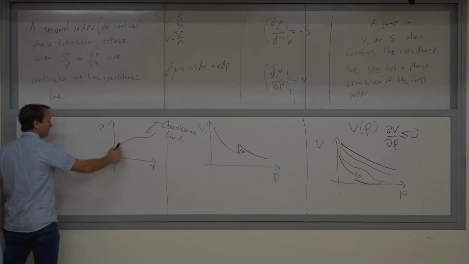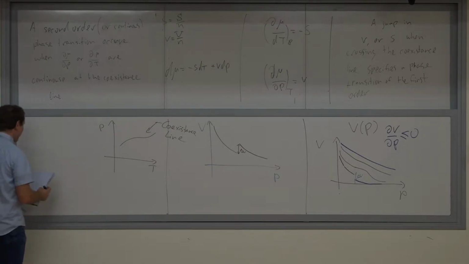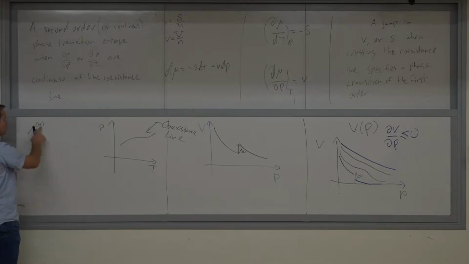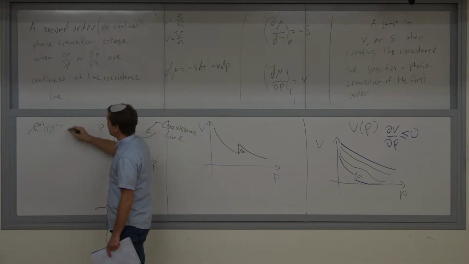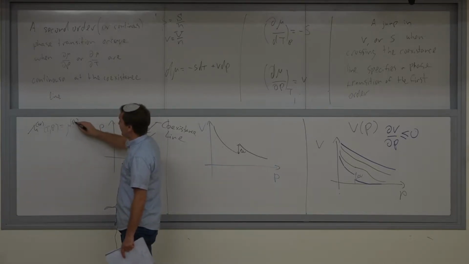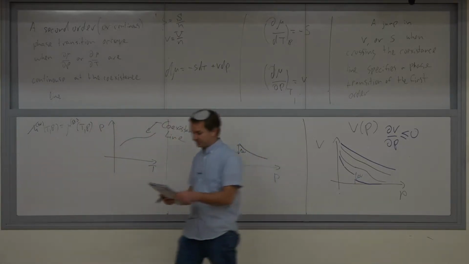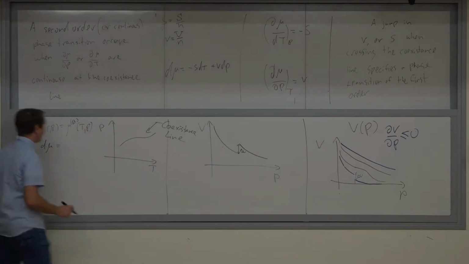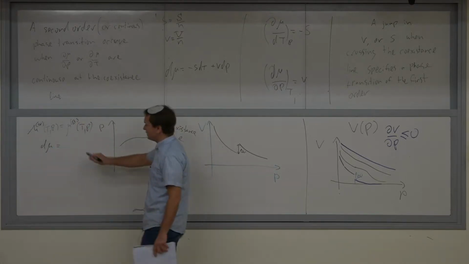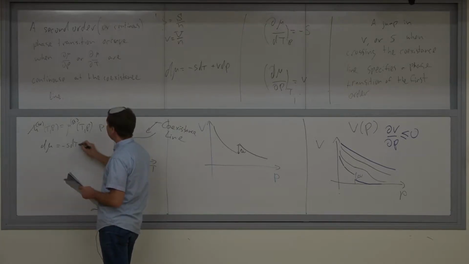We know that exactly on the line, on the coexistence line, I have an equivalence of the chemical potentials. So the chemical potential of phase alpha at T and P equals the chemical potential of phase beta at T and P. d mu, no matter for what chemical potential, we already have shown this, equals minus S dT plus V dP.